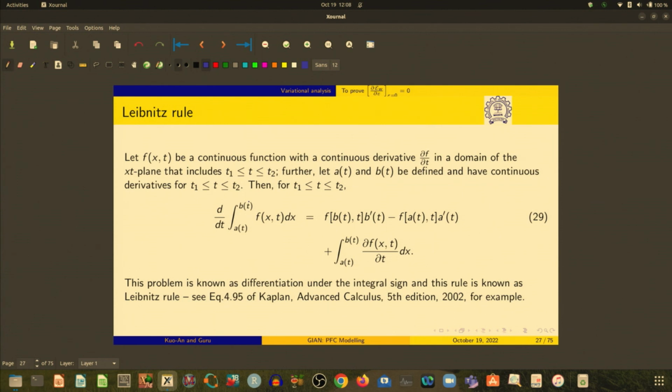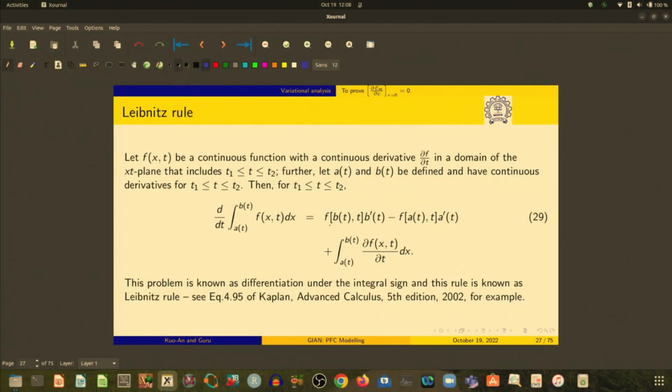I do not know how many of you remember, it has probably been taught to you, but it says that d/dt of an integral from a(t) to b(t) of f(x,t) dx, where x is the dummy index so it will get integrated, gives a function of t in which you have to substitute b(t) and a(t).